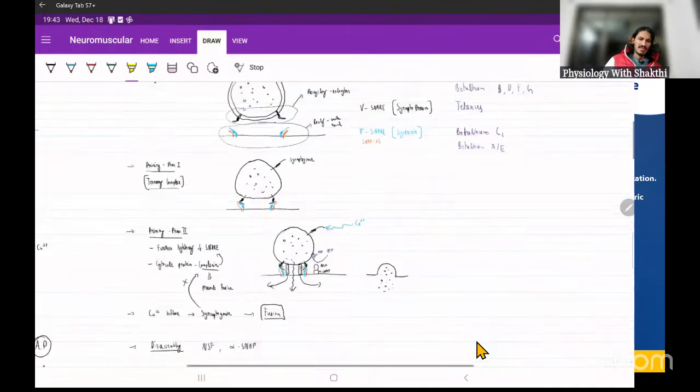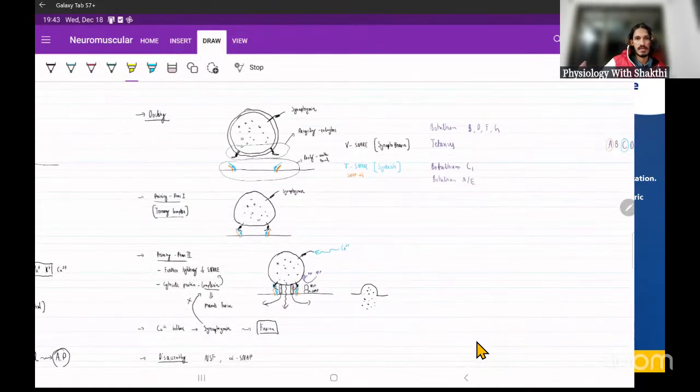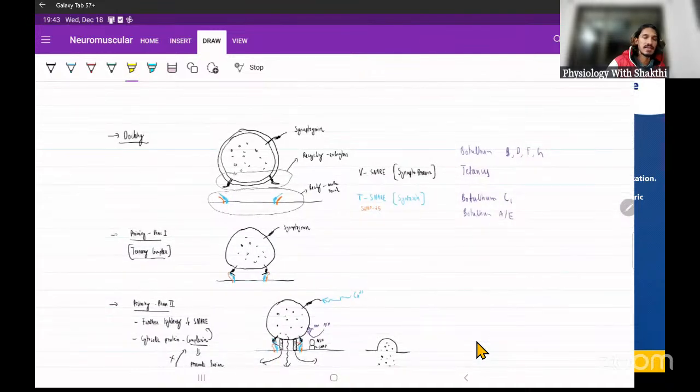Now, again, you do not need to know these steps in so much detail. All you have to know is what we were talking about yesterday. We have T-SNARE and V-SNARE proteins. Synaptotagmin is what calcium combines with. V-SNARE and T-SNARE bind together with the help of Rab GTP and form a ternary complex.